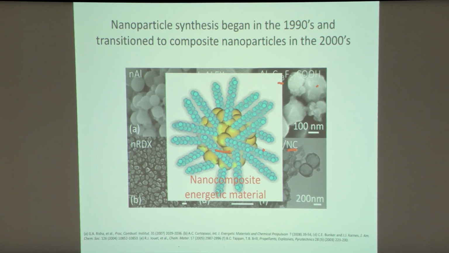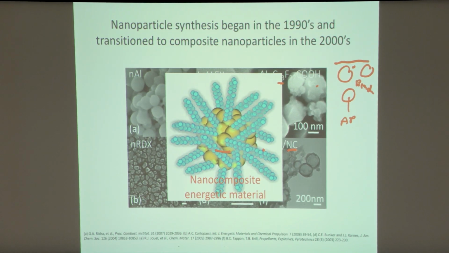So imagine now, when we were talking about a composite propellant, remember I had a matrix, and in the composite propellant, I had my oxidizer particles, and I had my binder. And these length scales were all at the tens, if not hundreds, of microns. Suppose I can now make a composite energetic material right at the nanoscale.